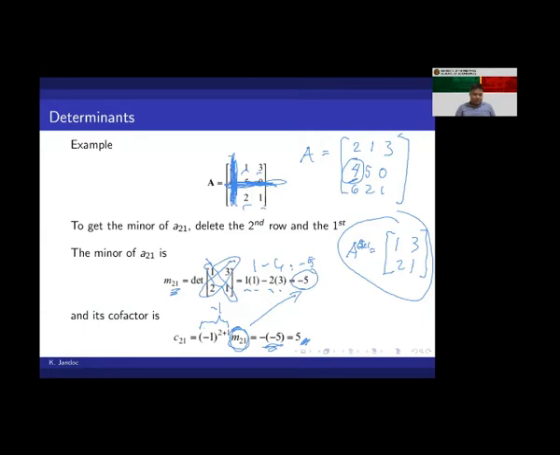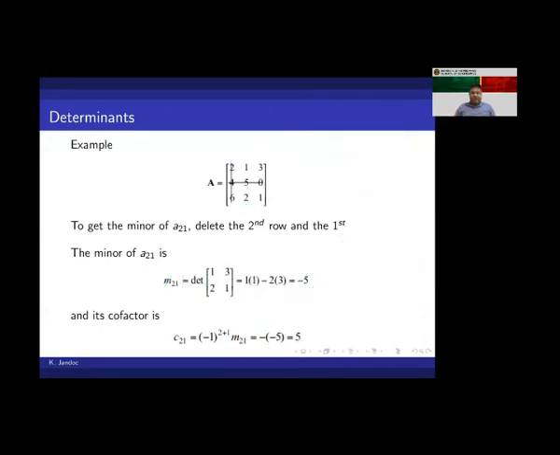In this case, 2 plus 1 is odd, so it's a negative. The negative 5 in the minor that you computed before, you multiply by negative 1, so now it becomes positive 5. That's how you compute the minor and the associated cofactor of the entry A21.